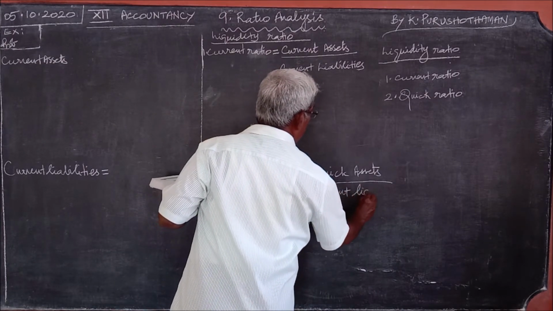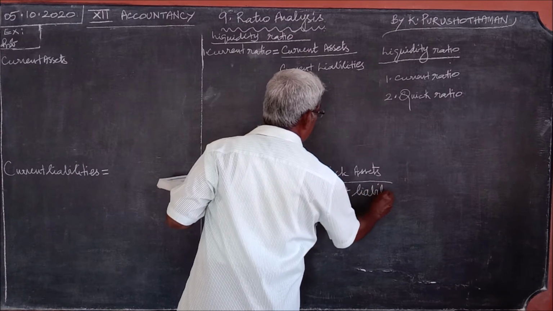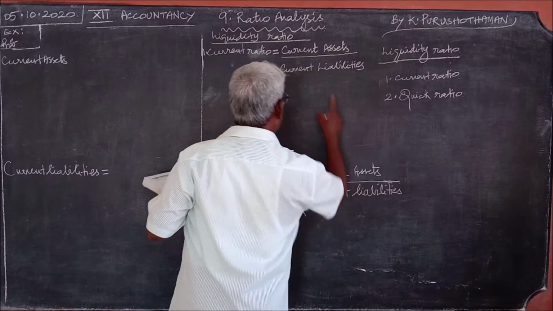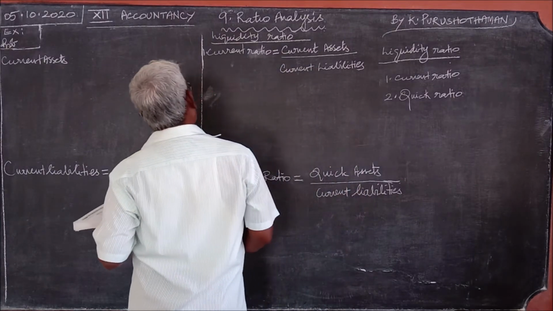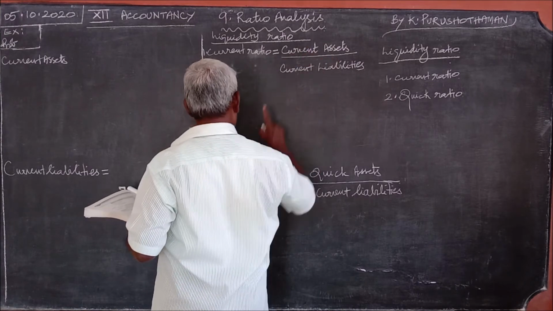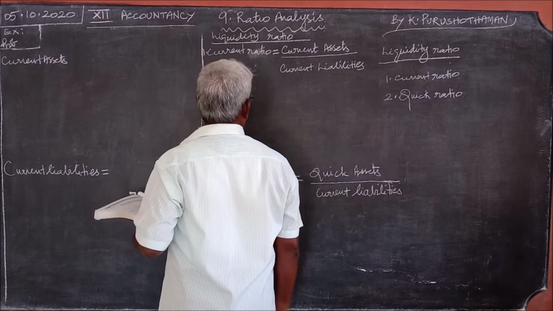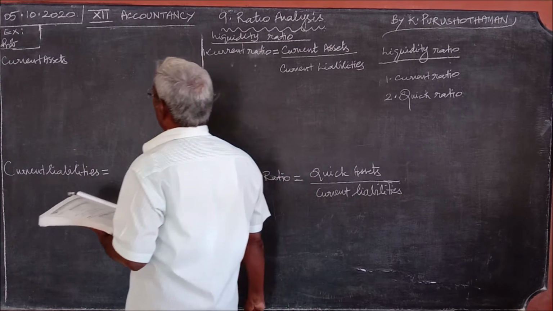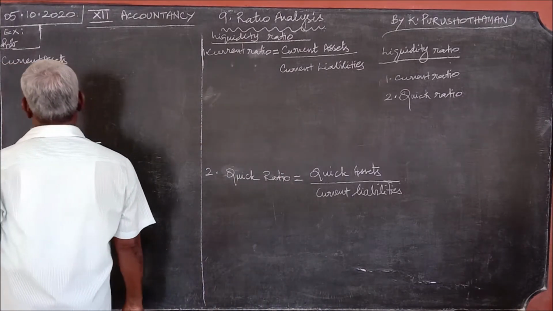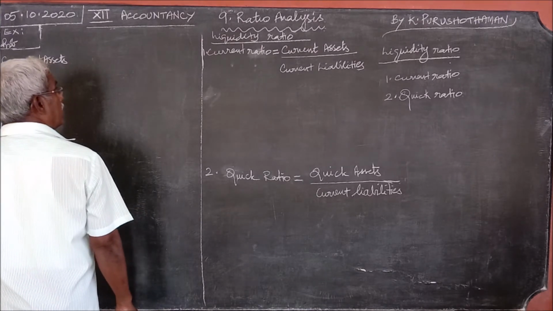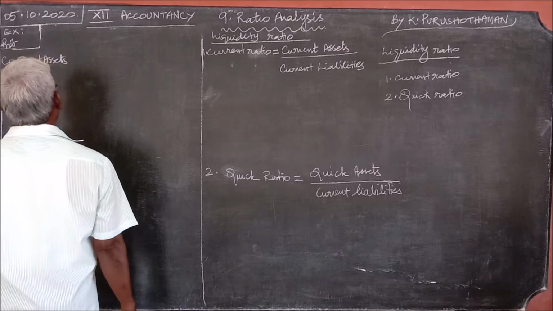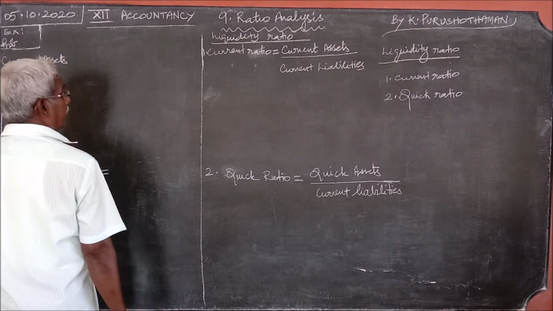So, for both the ratios, the denominator is the same, current liabilities. Numerator for current ratio, current assets. Quick ratio, quick assets. Again, how to find this current assets and the current liabilities, quick ratio and current ratio? We should find.